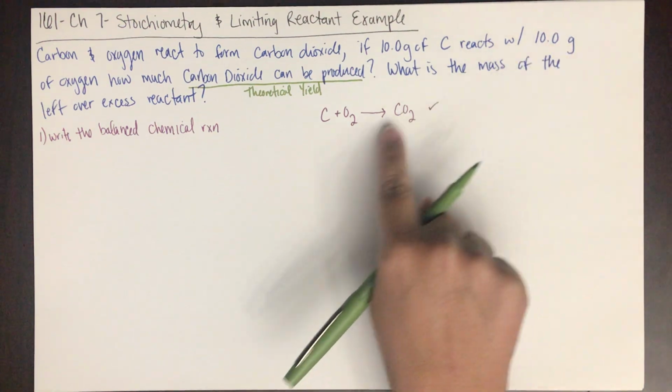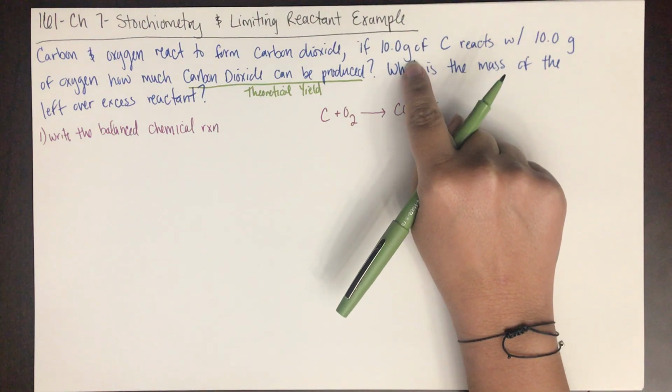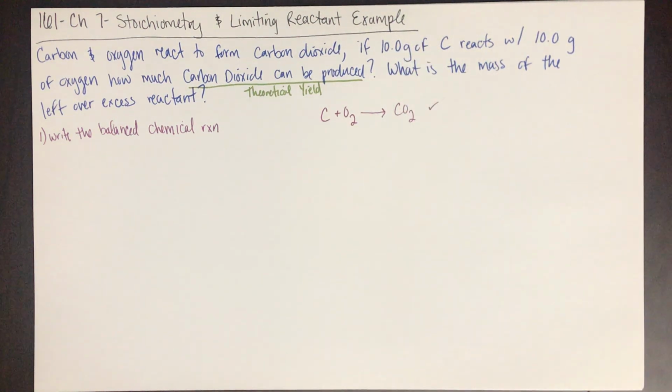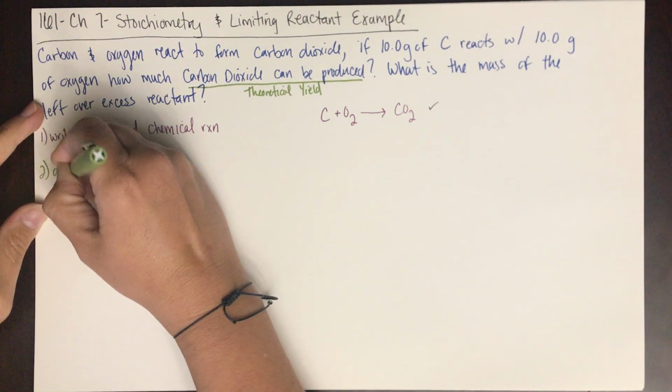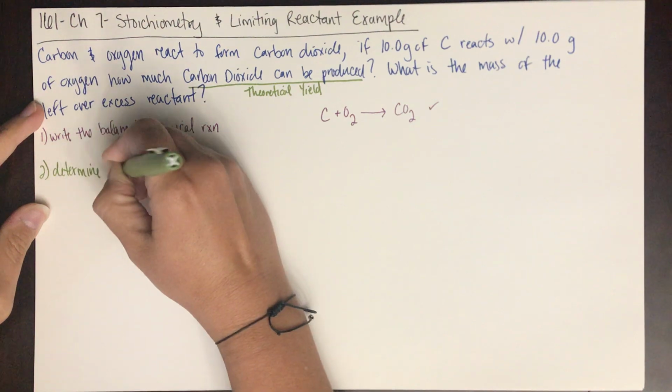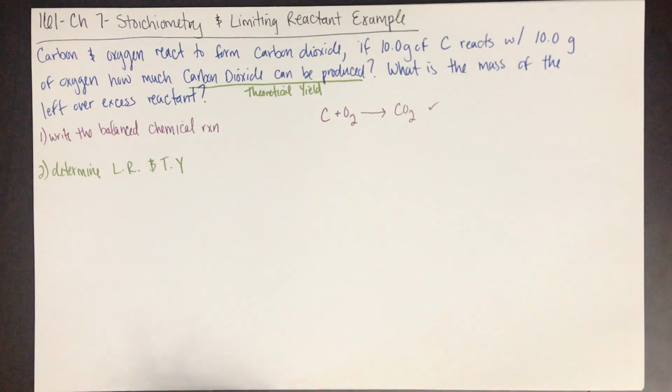With 10 grams of oxygen, how much carbon dioxide can I make? Remember, in the previous examples we were talking about moles. We're no longer talking about moles, we're talking about grams. So I'm going to determine the limiting reactant and the theoretical yield next.